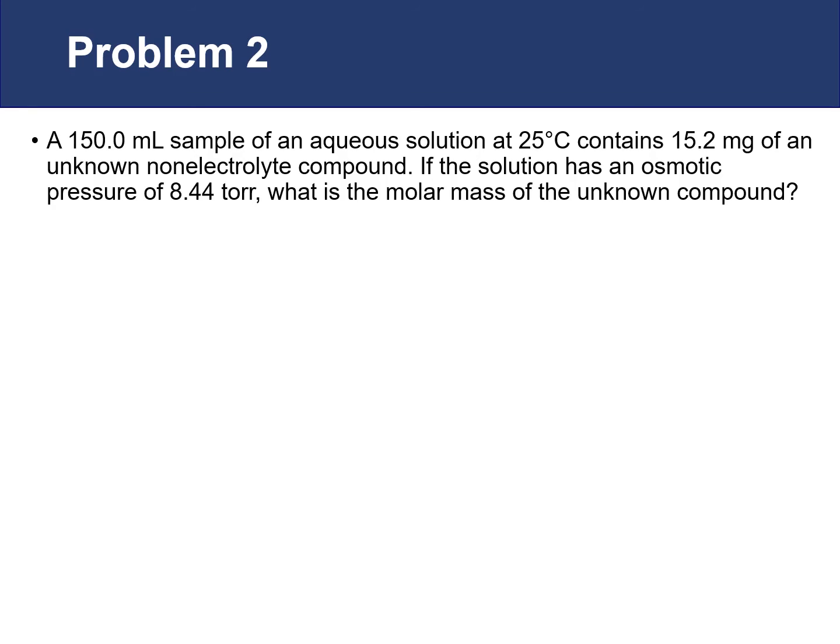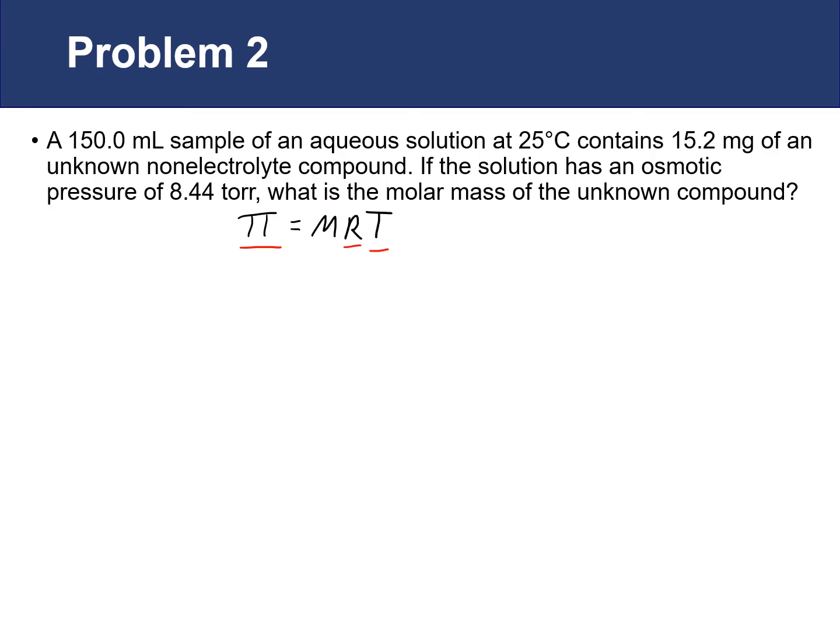So starting out, let's look at our equation for osmotic pressure. We have the osmotic pressure, pi, is equal to MRT. In this case, we have our osmotic pressure. We have R, because that's the gas constant. We have T, which is given in the problem.